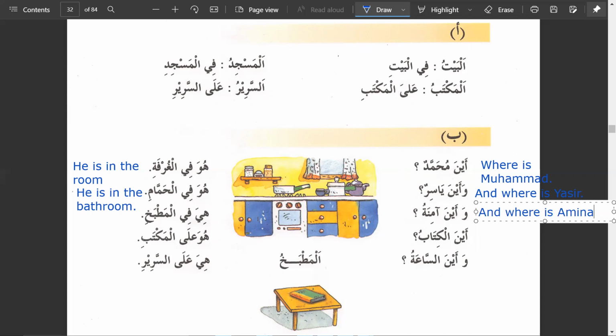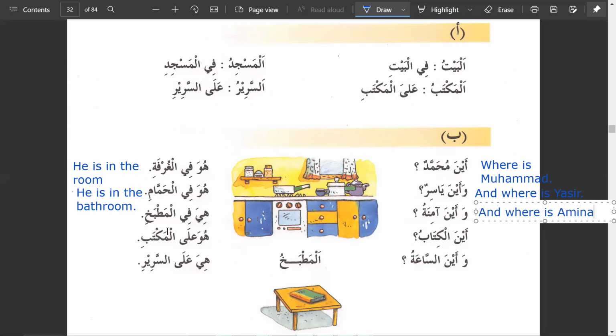Matbakhi is kitchen. You can see over here, right? Al matbakhi, kitchen. So why not huwa? For Muhammadun it is huwa, he is in the room. For Yasirun, it's huwa, he is in the bathroom. Why not huwa for Aminatu?